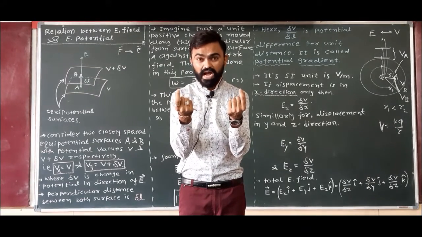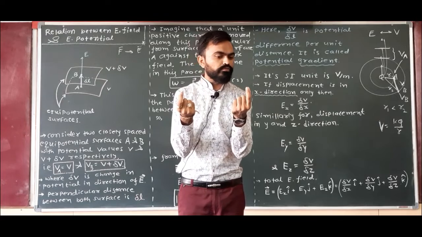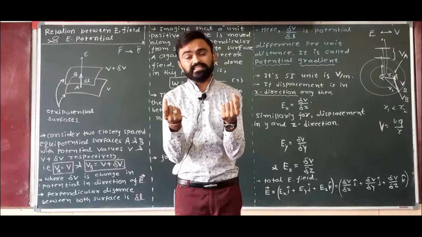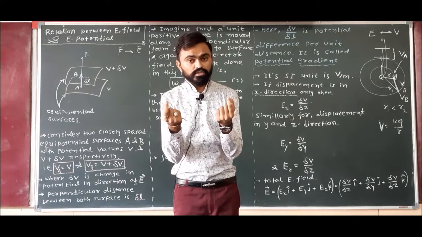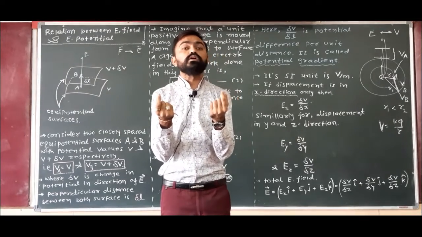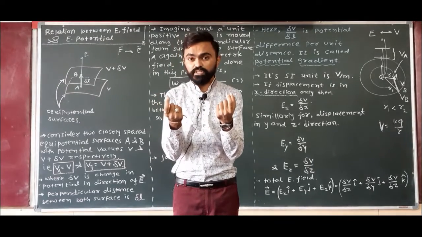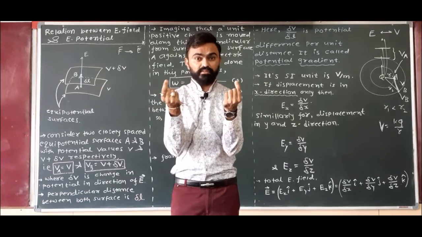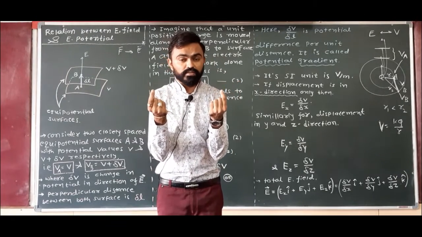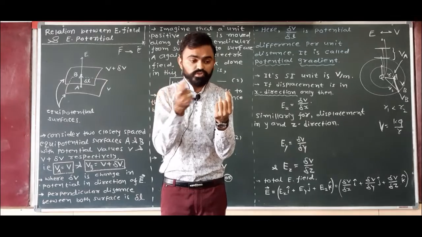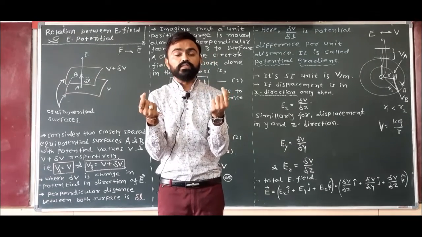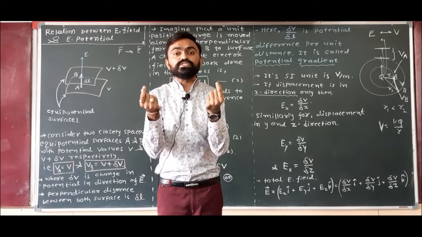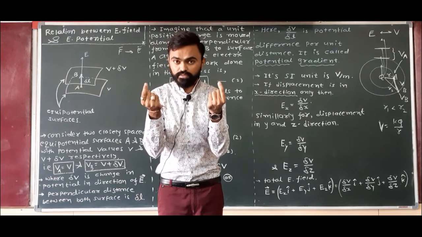You getting my point? I want to move charge from point A to point B. Then the question arises in our mind: how much work is needed? This work done is always equal to the potential difference between these two points. When we have two points having two different potentials and we want to move charge from one point to the other, the work must be equal to the potential difference between the two points.